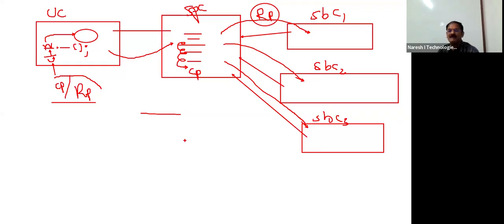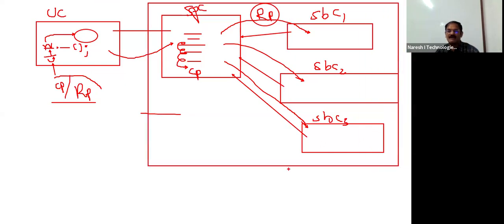Tell me, runtime polymorphism belongs to super class, subclass, or user class? I gave three options. Tell me one answer. Runtime polymorphism belongs to... Wrong answer. User class. Runtime polymorphism belongs to the user class. Polymorphism belongs to subclass: in a super class and subclass, we have polymorphism.